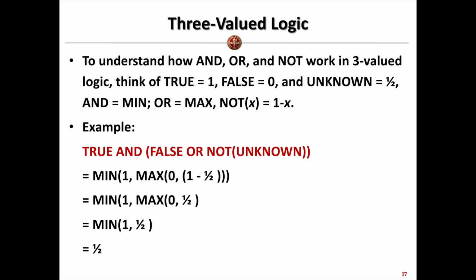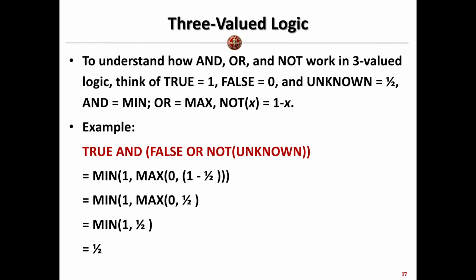A simple way to understand how AND, OR, and NOT work in three-valued logic is to think of true as 1, false as 0, and unknown as 1/2. We can also think of AND as the min function, OR as the max function, and NOT as the function 1 minus x.